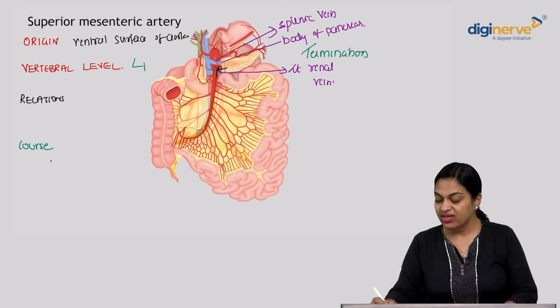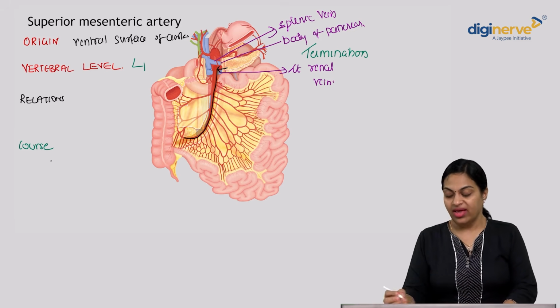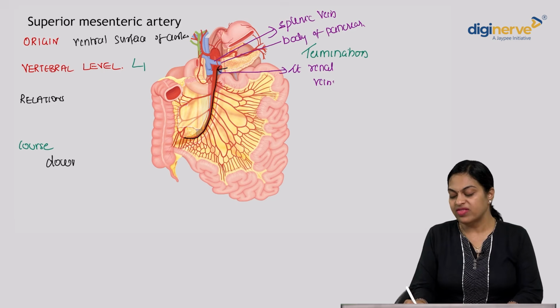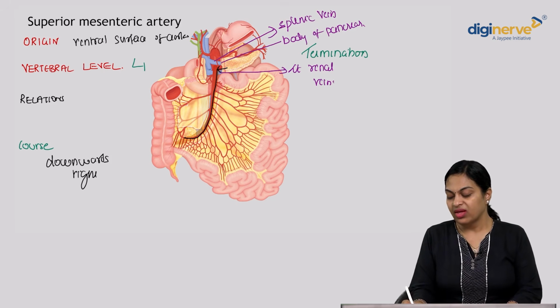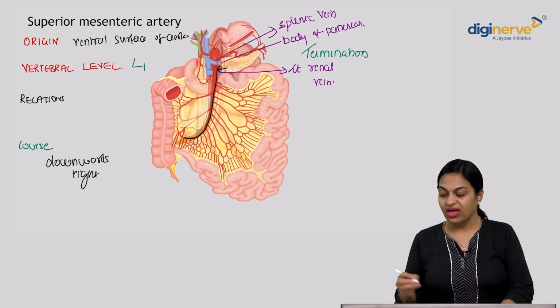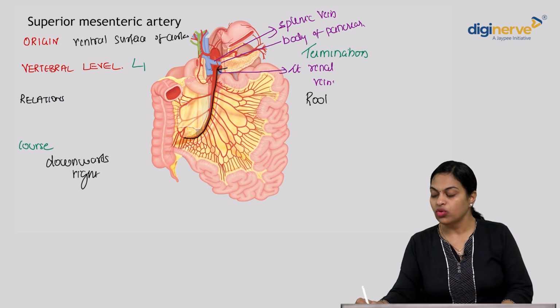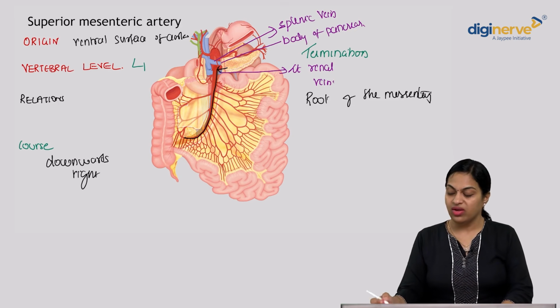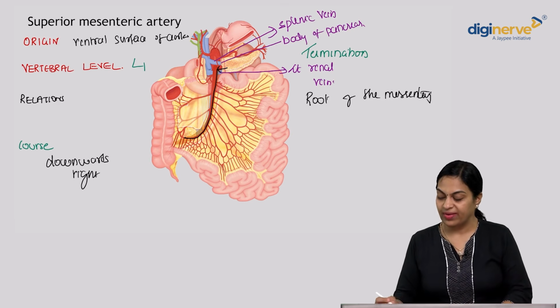We can see that this artery runs downwards to the right. The superior mesenteric artery lies within the root of the mesentery, accompanied by the superior mesenteric vein along its right side.